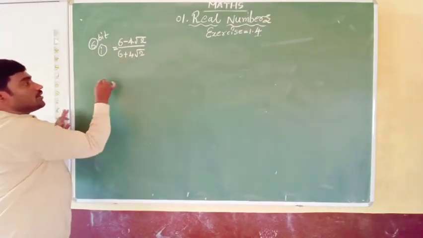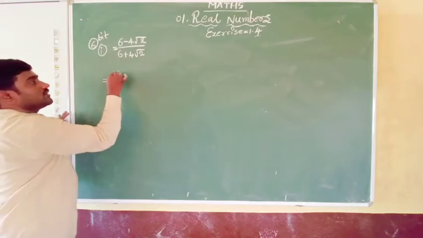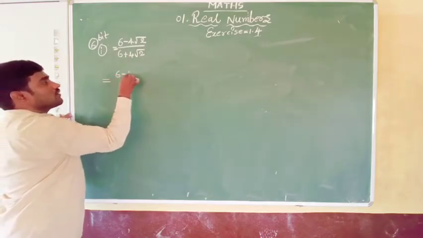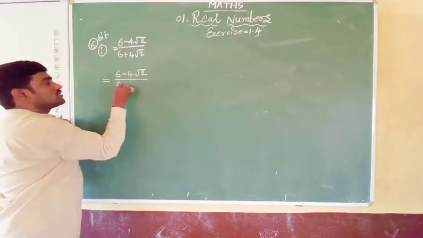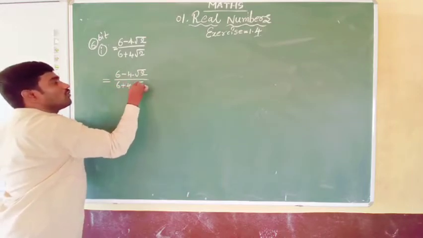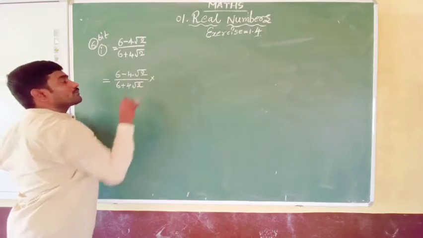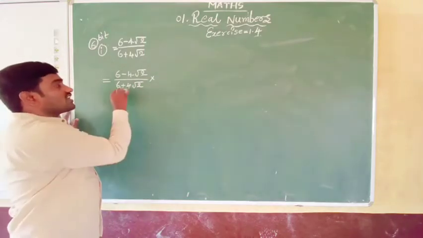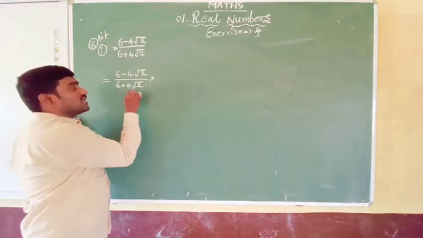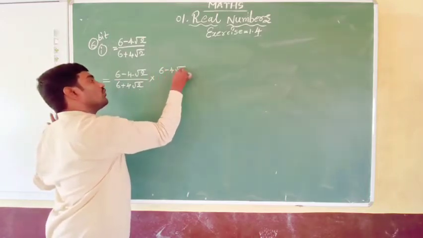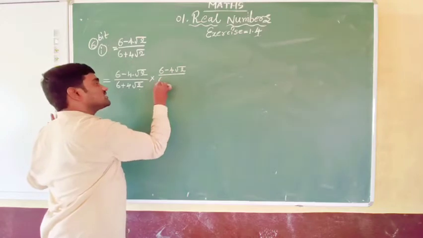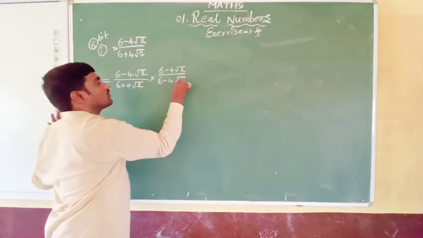We have to rationalize, and mind it, always the denominator. Here, 6 minus 4 root 2 by 6 plus 4 root 2. What is the rationalizing factor of 6 plus 4 root 2? That is 6 minus 4 root 2 by 6 minus 4 root 2.